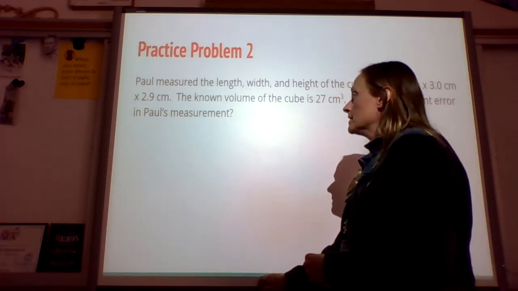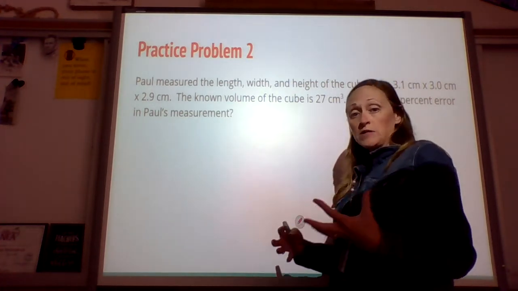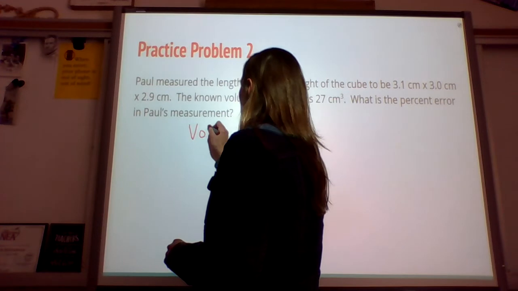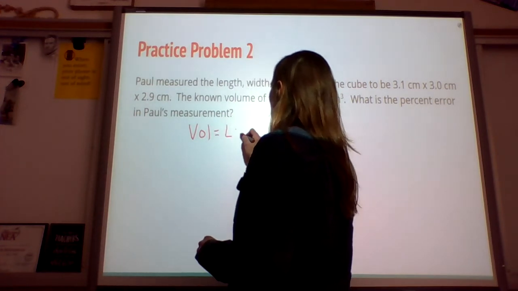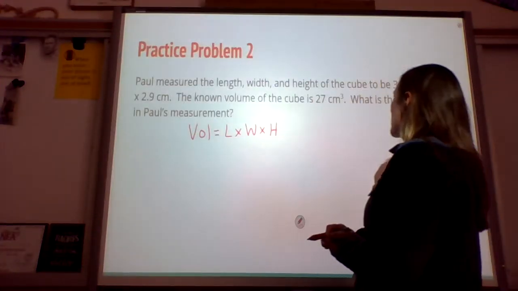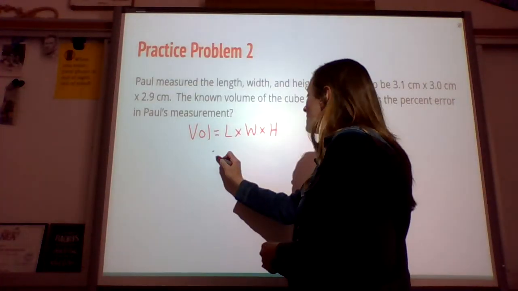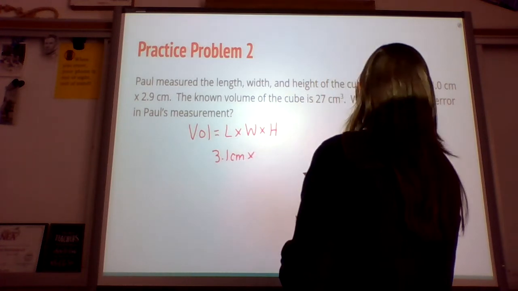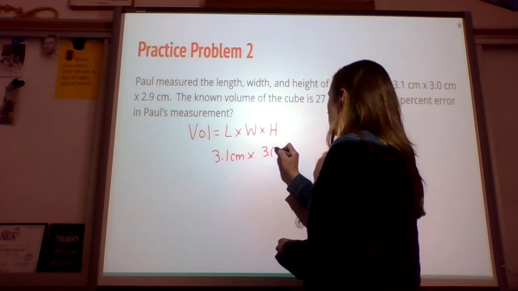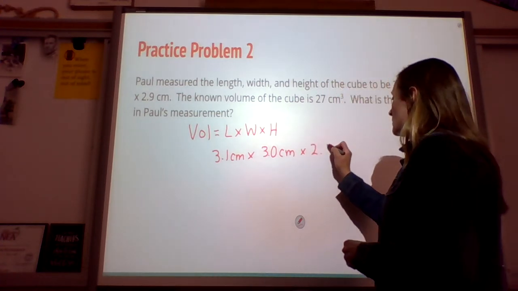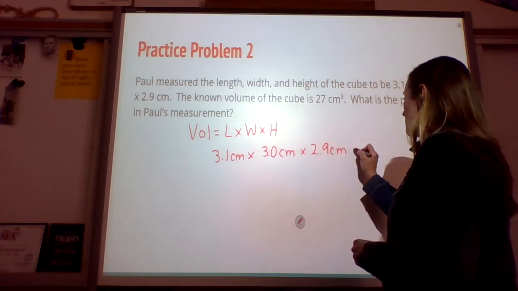So remember, since we're working with a regular shaped object, such as a cube, to find our volume, we have to take length times width times height. So we have 3.1 centimeters times 3 centimeters times 2.9 centimeters.